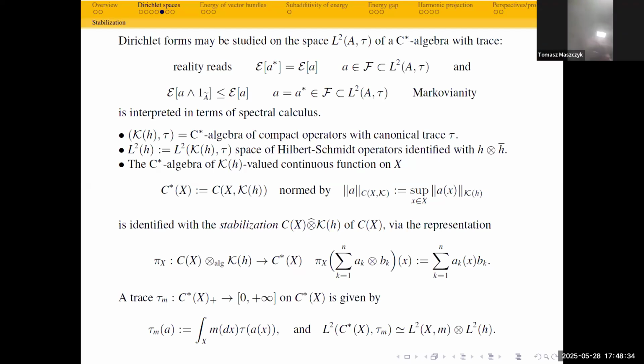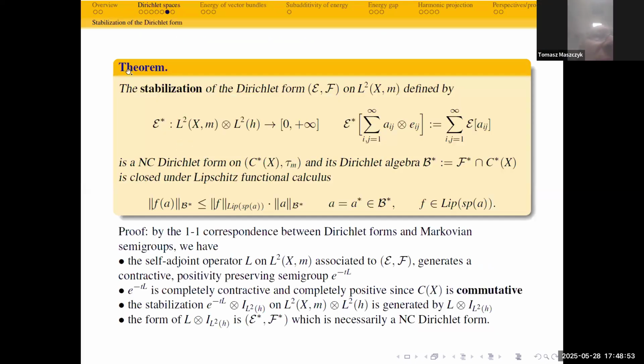Yes, but I'm asking about the extension of this Dirichlet form from C of X to this stabilization. Is it completely trivial with respect to these added coefficients in K of H? Yes, but okay. Let's go to this formula. We stabilize the Dirichlet forms on L2 of X by this rule.